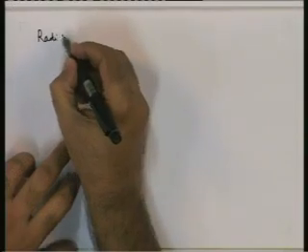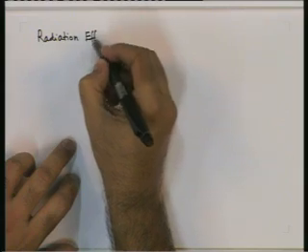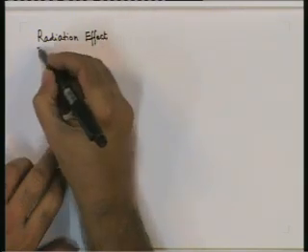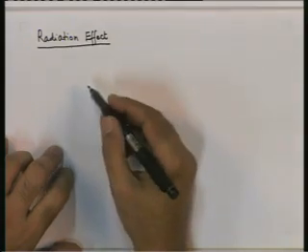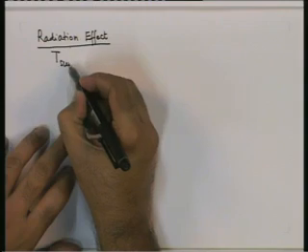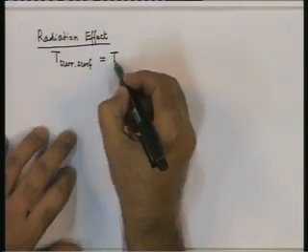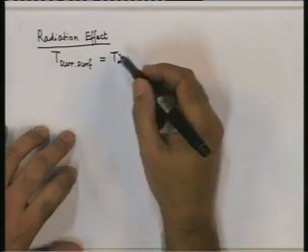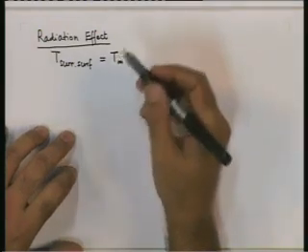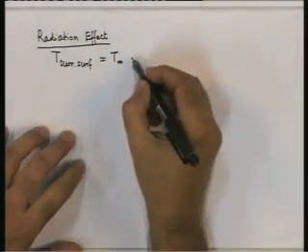Now let us look at the radiation effect. We will assume that the temperature of surrounding surfaces is the temperature of the fluid surrounding the plate, no different from that, although in principle it could be different, but let us assume that it is so.